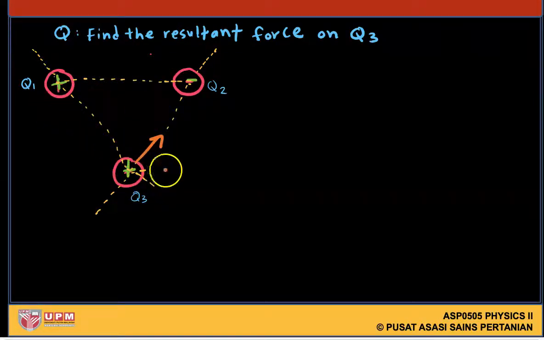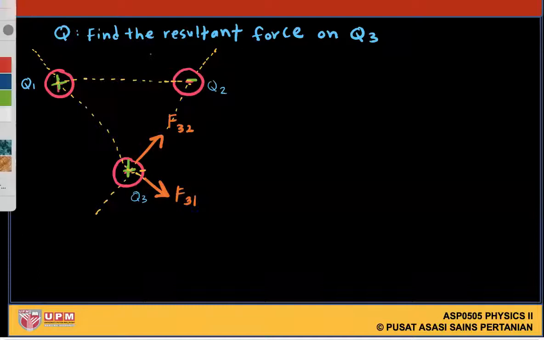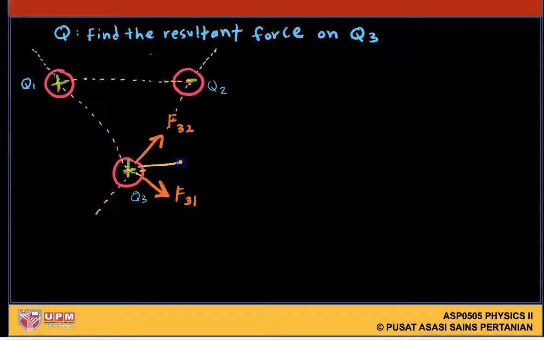I am disgusted, so repel. So this force is F on 3 by 2, F on 3 by 1. So we have 2 forces. The resultant should be around here. Okay, so this should be F3.